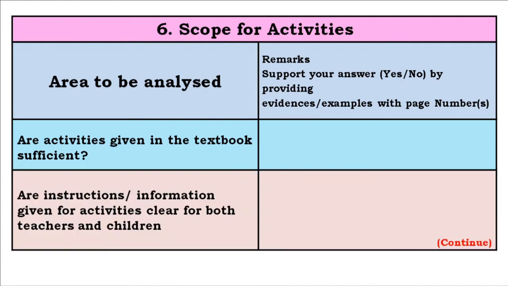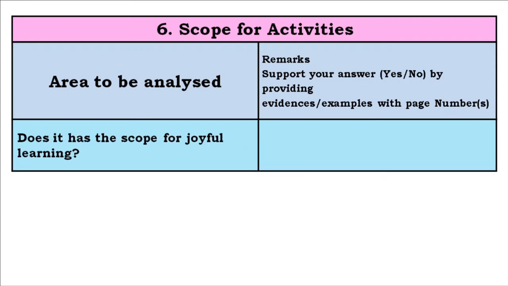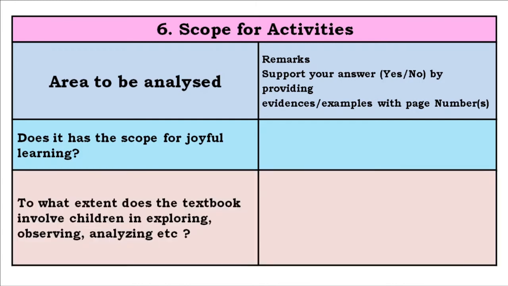Are instructions or information given for activities clear for both teacher and children? Does the textbook have the scope for joyful learning? To what extent does the textbook involve children in exploring, observing, analyzing, and so on?